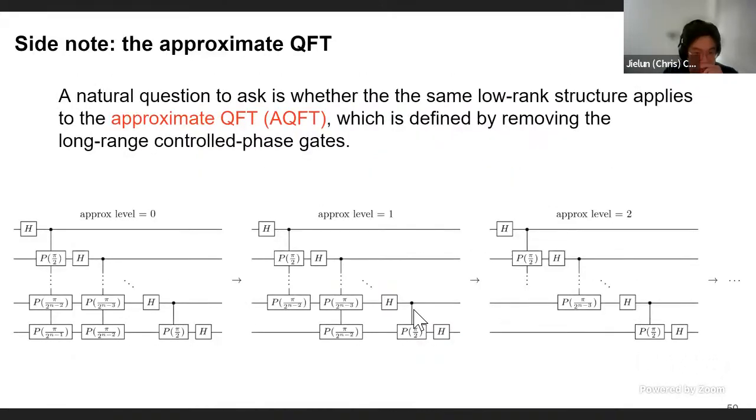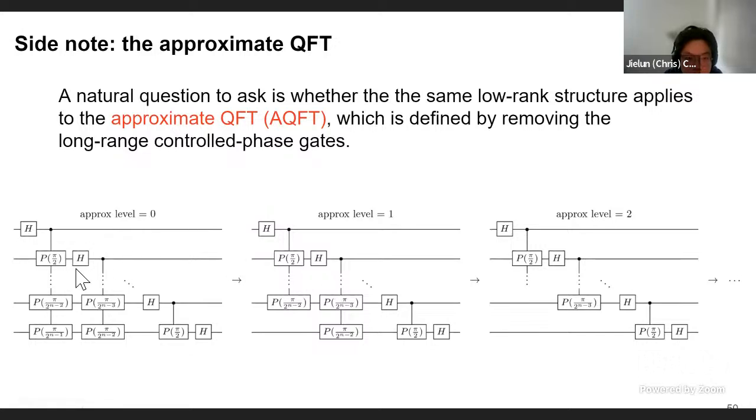Just a side note, this was something I didn't realize when I was writing the paper, but a natural question to ask is whether the same low-rank structure applies to the approximate QFT, which is something people have been studying a lot in the quantum computing community, defined by removing the long-range controlled phase gates.